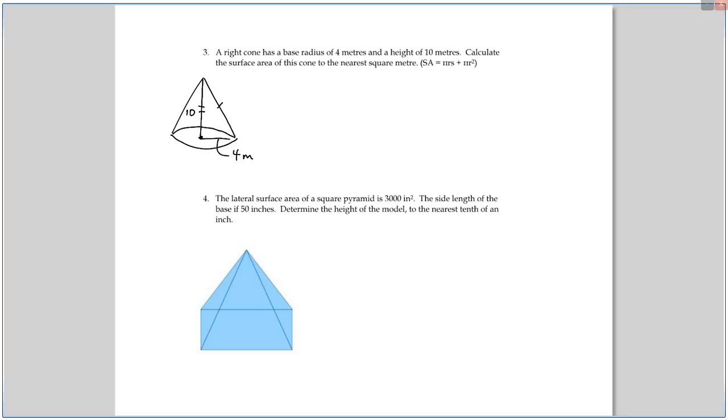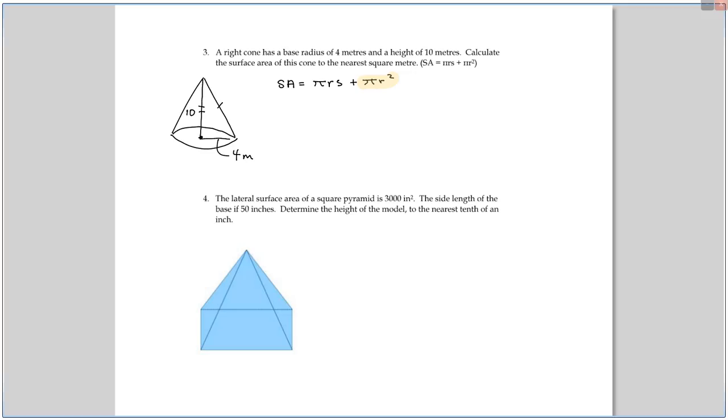Okay, so it says calculate the surface area of this cone to the nearest square meter. And they give you the formula. Of course, the formula is on your formula sheet as well. So it says pi r s plus pi r squared. Do you guys remember what the pi r squared represents?